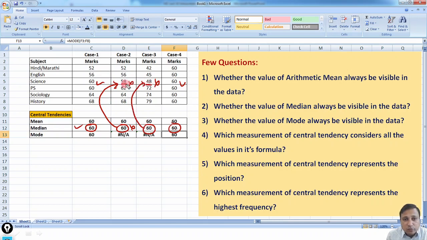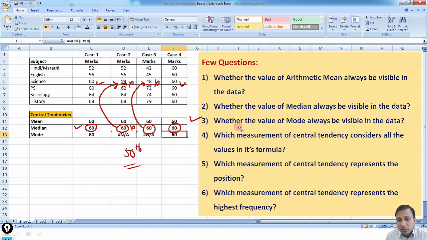That is why, though it is not visible, we consider 60 as part of this distribution, and we consider 60 as the middle value, the mid of this distribution. It stands at the 50th position, exactly at the mid of this distribution. That is why, though it is not visible, we assume it is there. So this is the way that we explain the median.